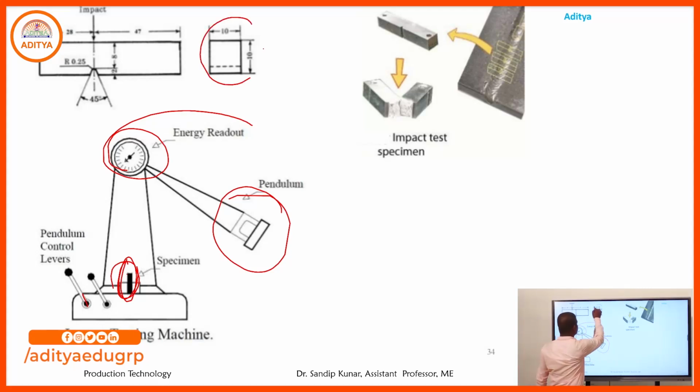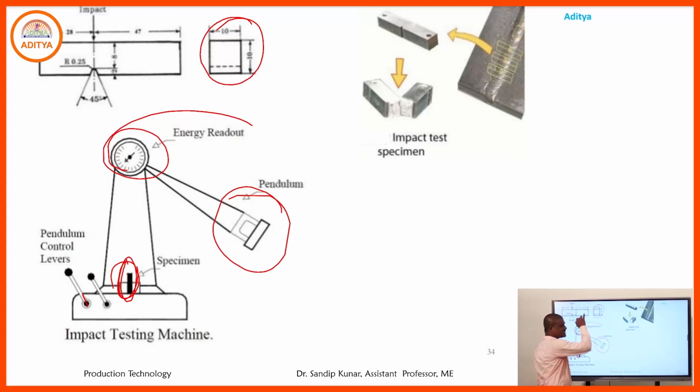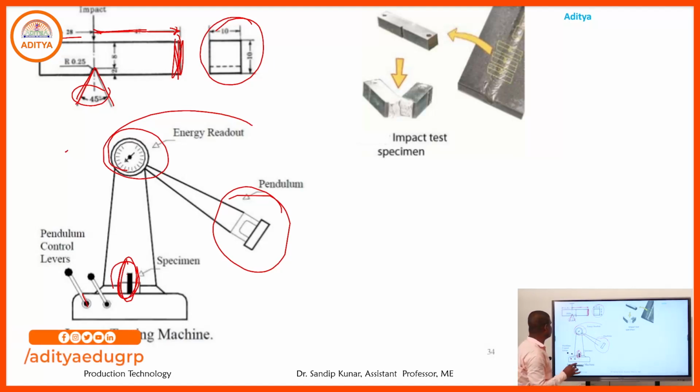So that is the specimen. The cross section is a square type section across the width, and here we have also seen the V notch, and the angle is 45 degrees. The V notch has been taken from that side, the length is maybe 28 millimeter or centimeter, or here we have taken the length as 47, maybe 47 millimeter, maybe 47 centimeter.